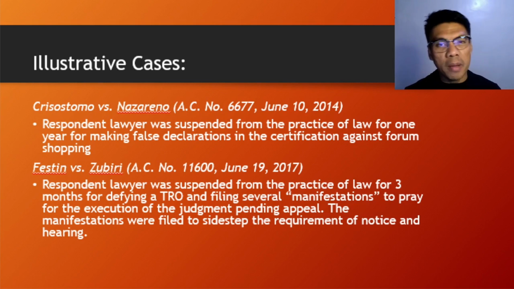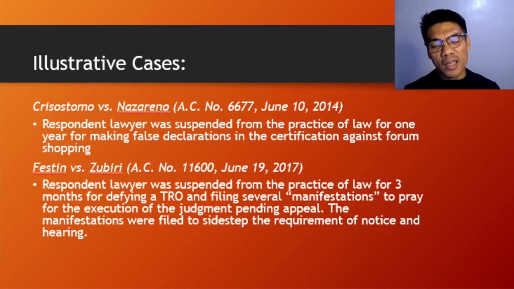If you will remember your rules of court, in a certification against forum shopping, the petitioner or the complainant states that there are no pending cases involving the same parties, the same issues, or the same causes of action. But here, the lawyer made a falsehood by not stating that a case is already pending between the parties before the HLURB.